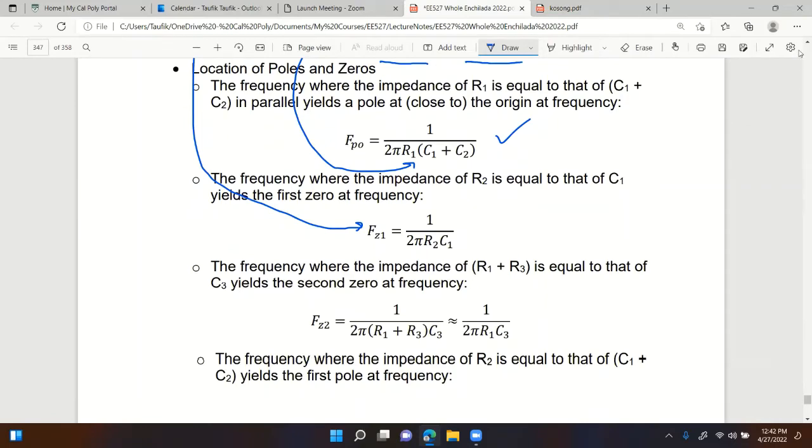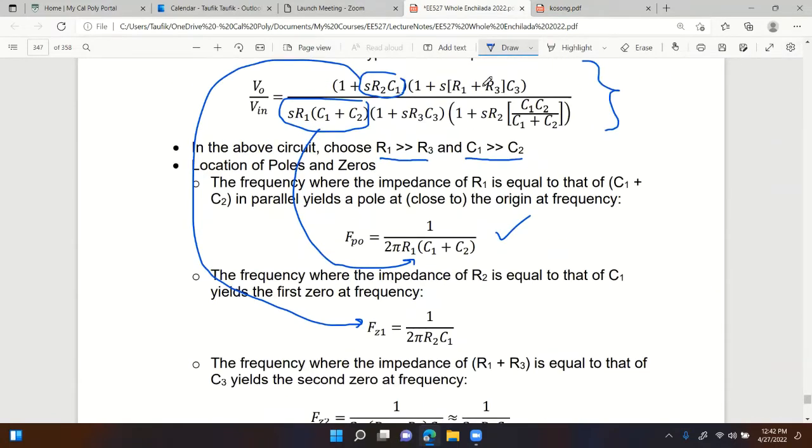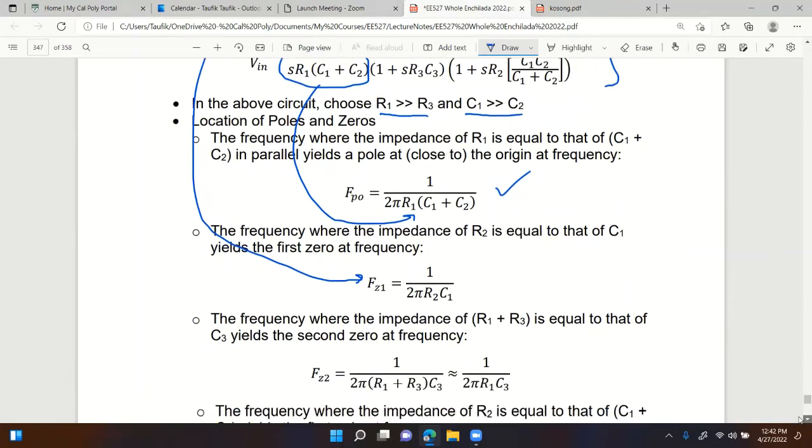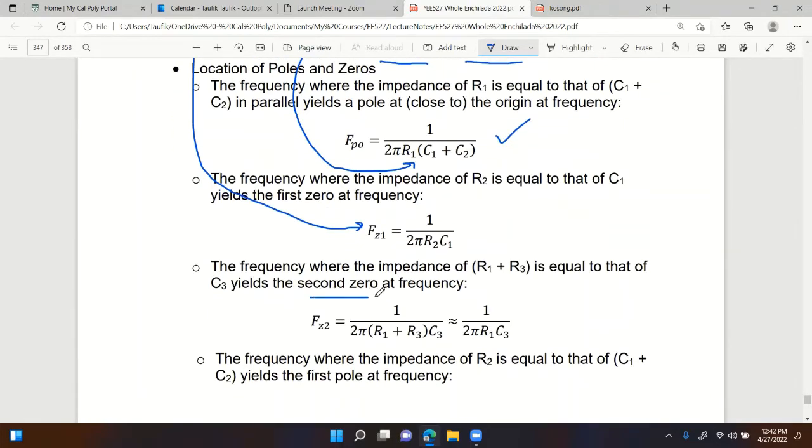That's the second zero, and that's what I have right here. The frequency where the impedance of R1 plus R3 is equal to that of C3 yields the second zero at frequency FZ2. The equation here is approximately equal to 1/2 pi R1 C3. Why is that?